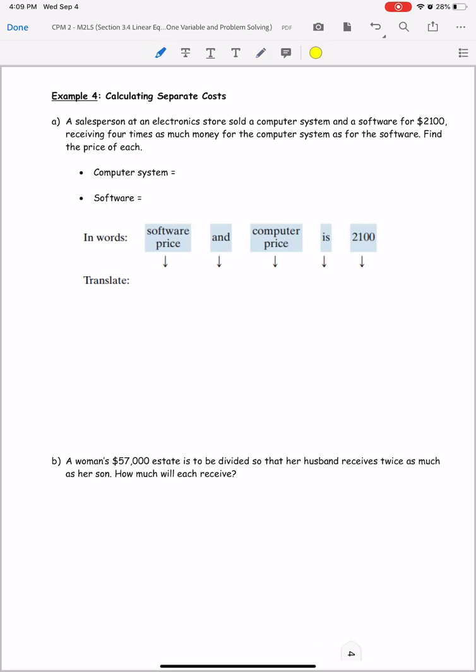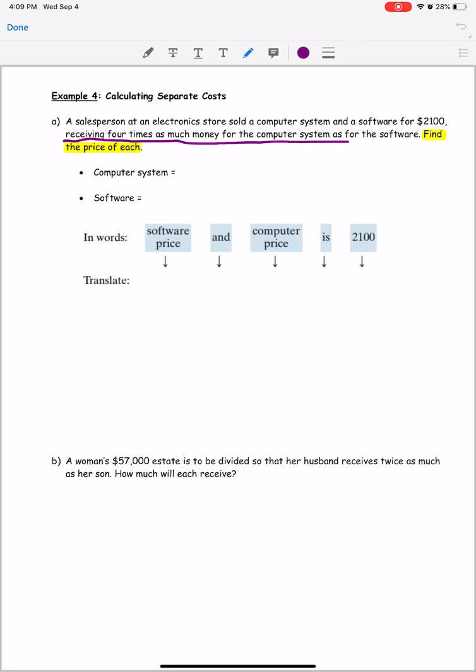So on this one, we have 2 answers since I need to find the price of each of them, the computer system and the software. So, in this sentence, we received 4 times as much money for the computer system as the software. Which of those do we know nothing about? That's the software. So that's your starting point.